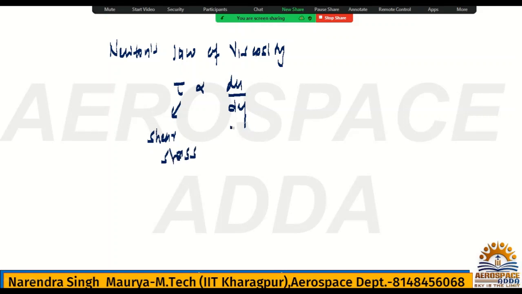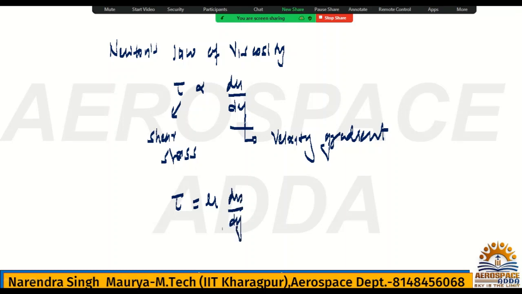And this was velocity gradient. Yes or no? So if you remove this proportionality, then you will get tau equals mu du by dy. This mu is nothing but dynamic viscosity.